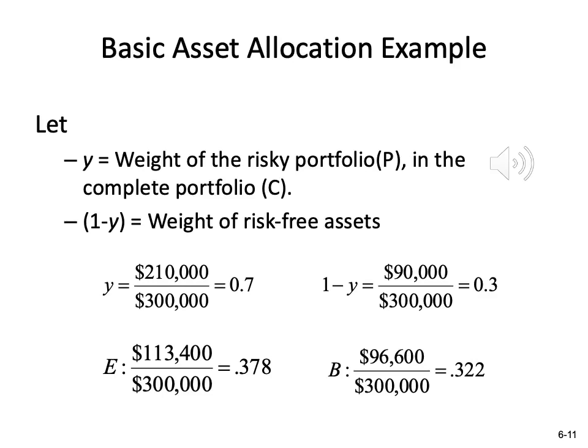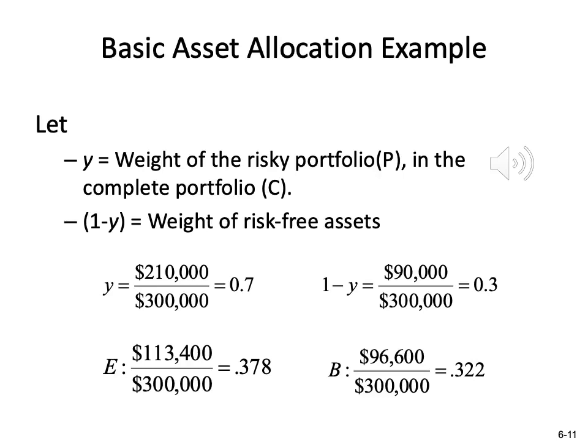So the weight of the risky portfolio, which is y, is $210,000 divided by $300,000, which is 70%. The remaining 1 minus 70%, or 30%, will be the money you put in the risk-free asset, which is true because if you divide $90,000 by the total portfolio value, $300,000, that is also 30%.